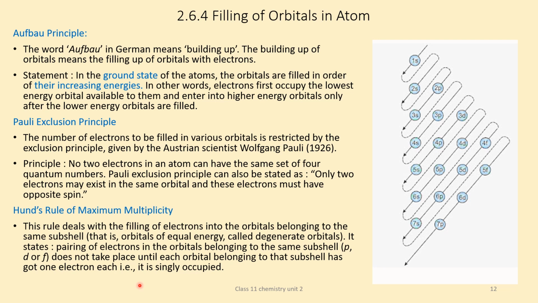It states that the pairing of electrons in the orbitals belonging to the same subshell, that is, p, d or f, does not take place until each orbital belonging to that subshell has got one electron each and is singly occupied.